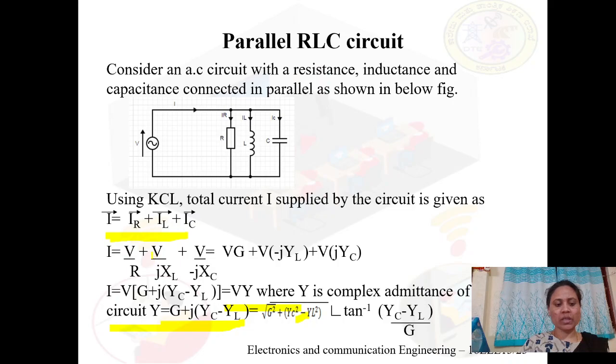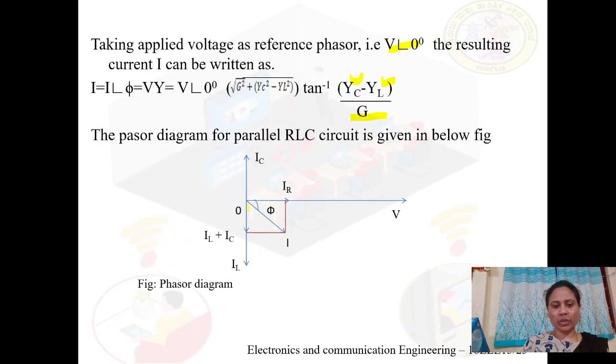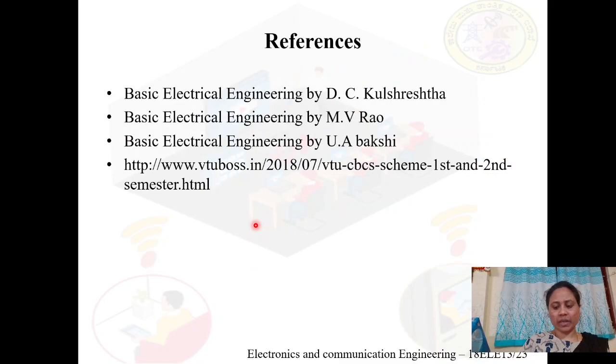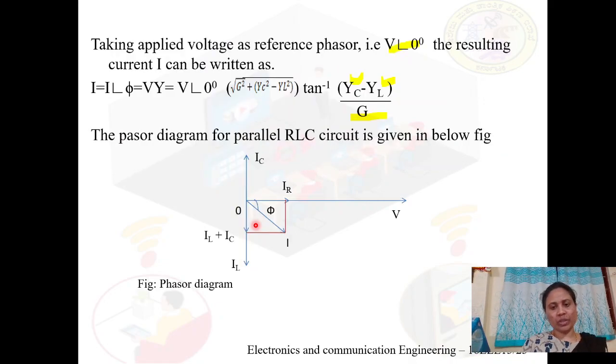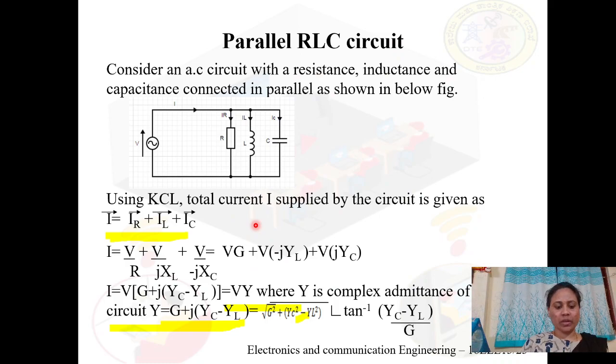In this case, V is the common parameter, therefore represent V along the x-axis, and IR is in phase with V, represent it along the x-axis again, and IC leads and IL lags, and depending on the values of YC and YL, we can draw the phasor diagrams, similar to the series RLC circuit. That's it. Thank you.